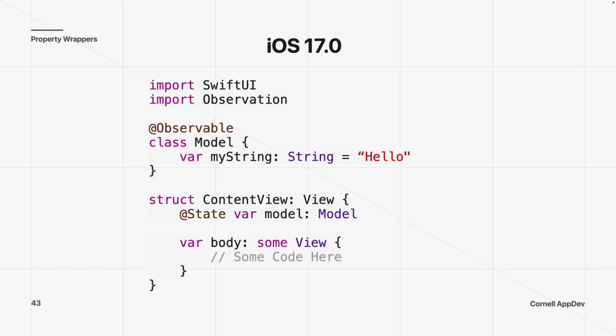Instead of having to conform our class to ObservableObject, we can simply use this @Observable macro, and we get the same functionality that we would previously want without having to use the @Published vars. It's a lot less to keep track of, and it's the same exact functionality.